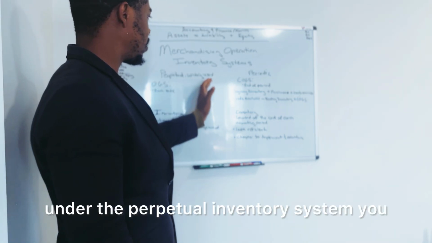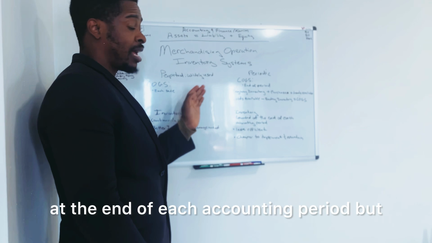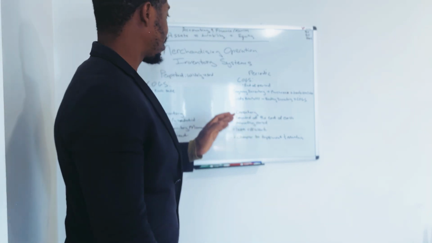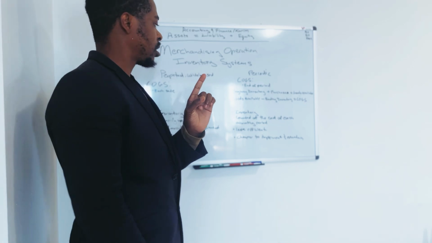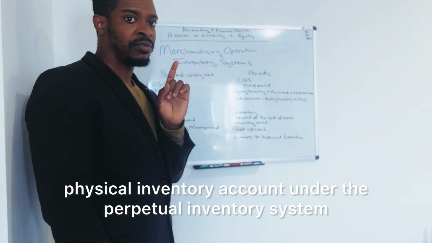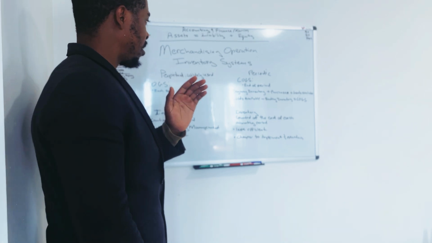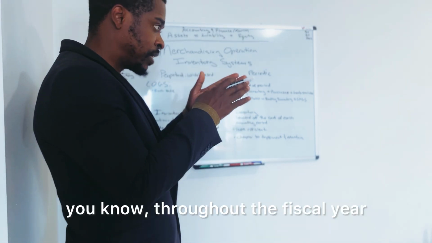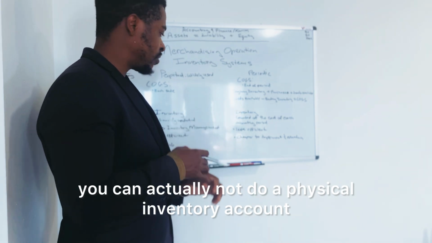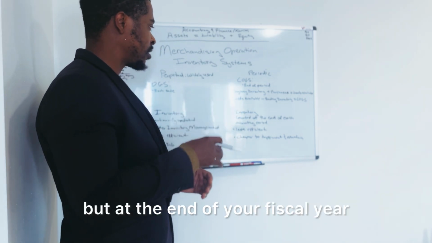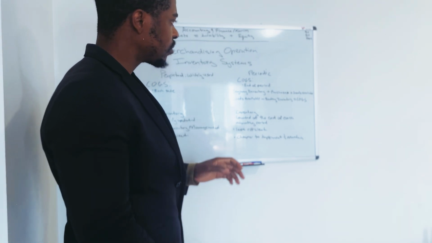As you can see, that is why the perpetual inventory system is a preferred system. Under the perpetual inventory system, you don't have to do a physical inventory count at the end of each accounting period, but you have to do at least one physical inventory count. Throughout the fiscal year, you can actually not do a physical inventory count, but at the end of your fiscal year, you have to do one, right?